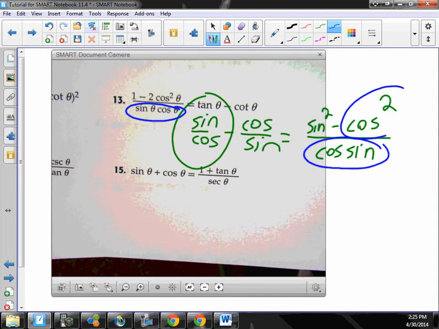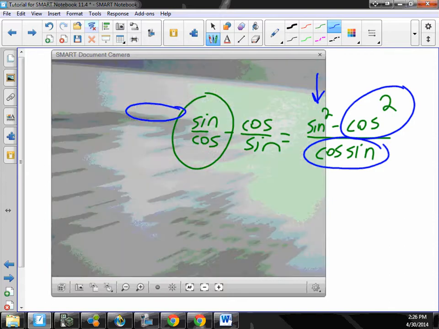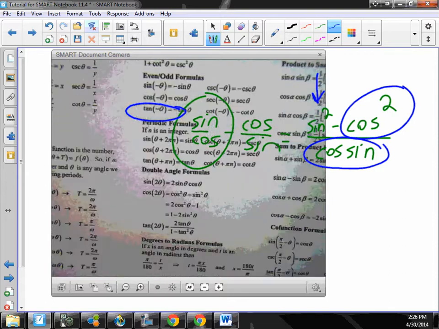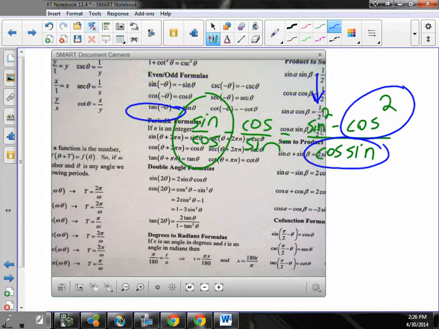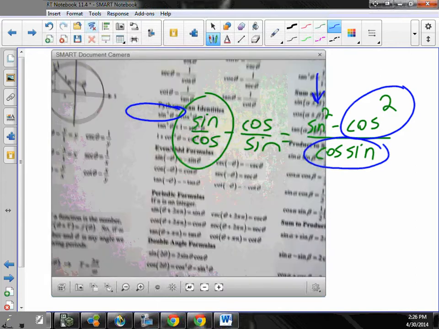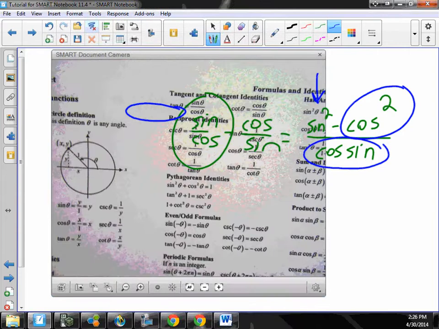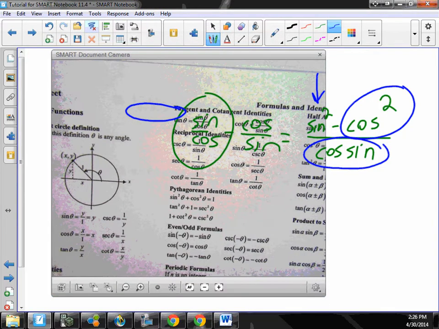Well, I have one negative cosine squared. If I could create another negative cosine squared, then I'm even closer to the answer. So can we adapt the sine squared? Look at your Pythagorean identities. Sine squared plus cosine squared is 1.